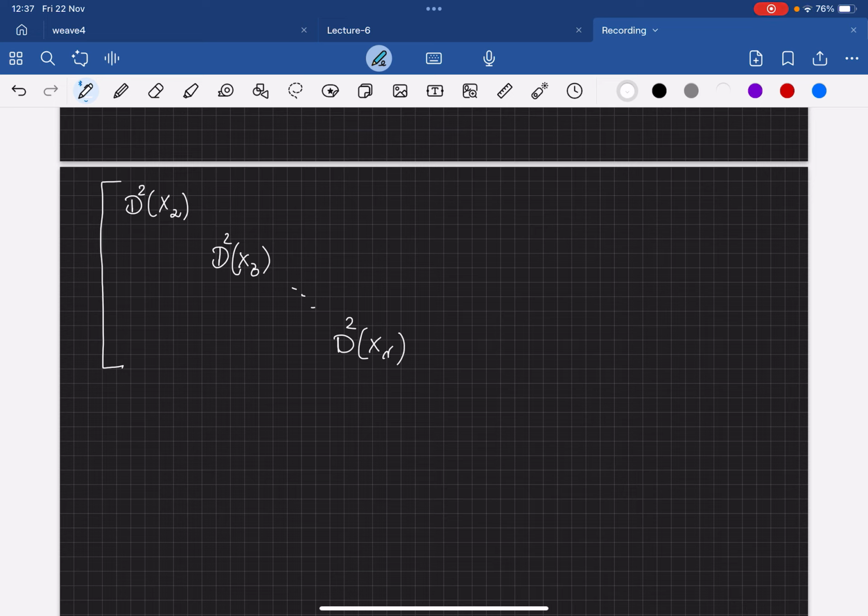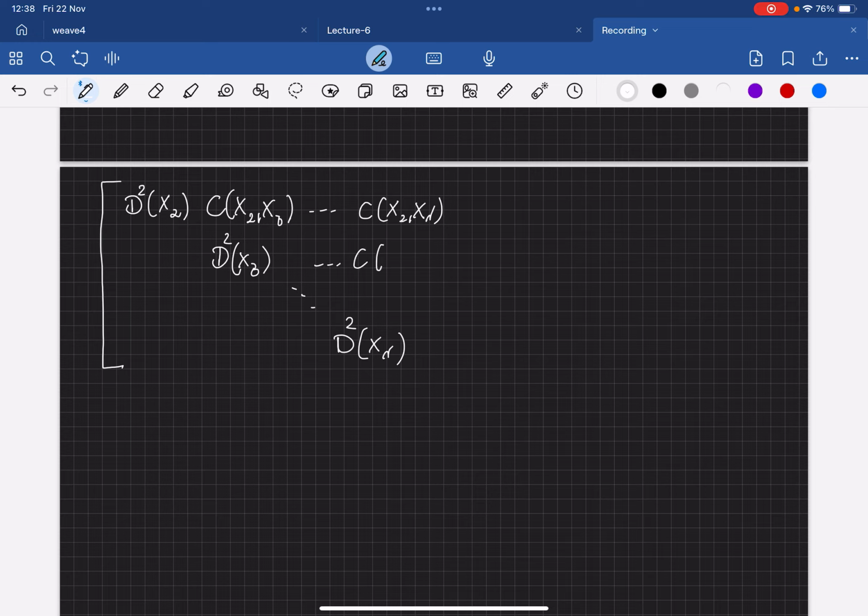And off-diagonal matrix elements are symmetric, and they are just covariances. So x2, x3, up to a covariance x2, xr.